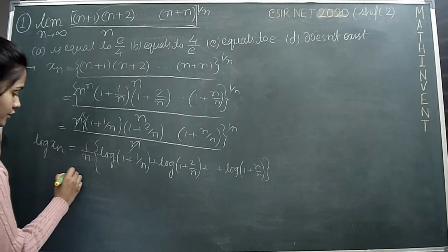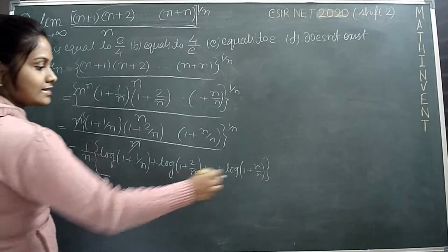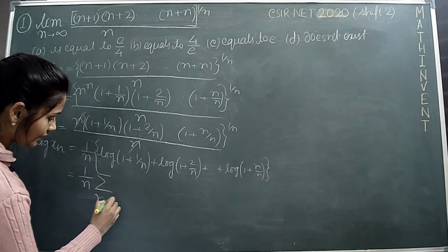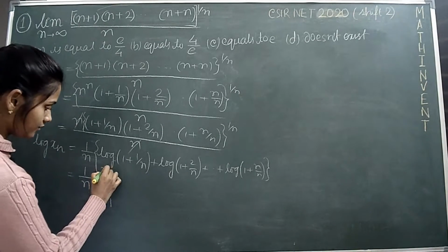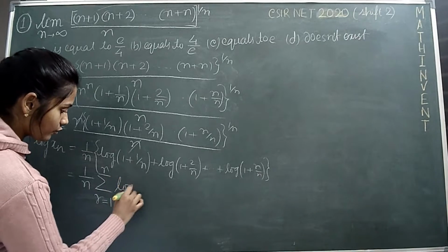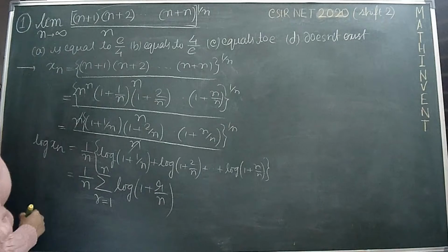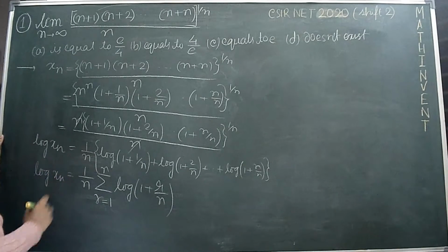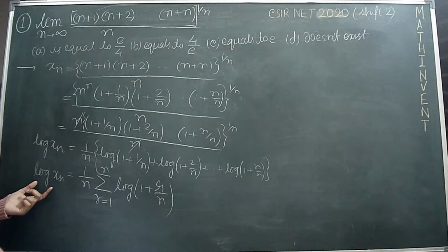In summation form, this is 1 by n, summation r running from 1 to n, log of 1 plus r by n. So log xn equals this. We are trying to find the limit as n tends to infinity of log xn.